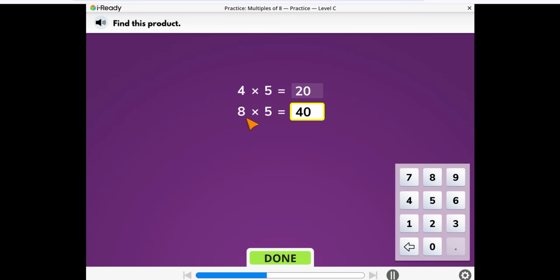Because it shows the answer right here. So just click done now. 8 times 5 equals 40.